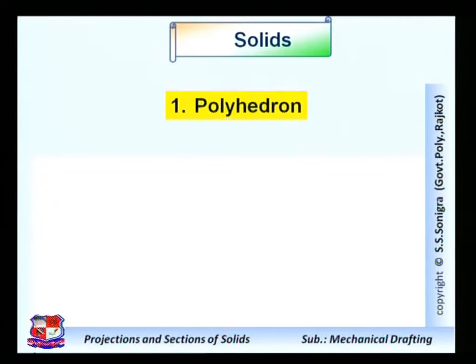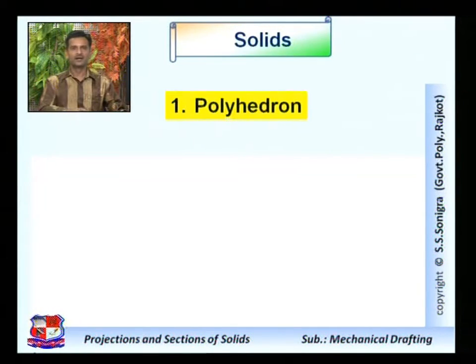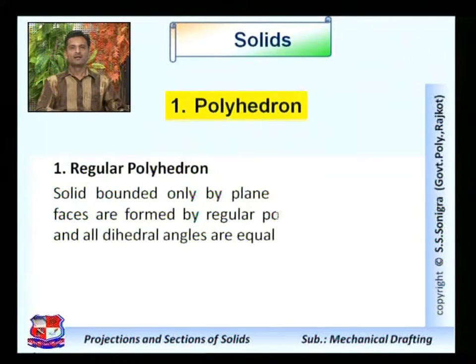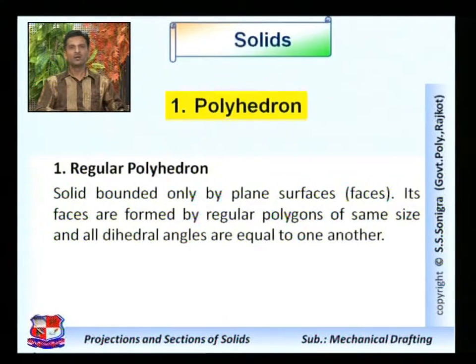Now in solids, the first is polyhedron. What do you mean by polyhedron and how to classify various polyhedrons? The first is regular polyhedron. A solid bounded only by plane surfaces or faces comes under this category. Its faces are formed by regular polygons of the same size and all dihedral angles are equal to one another.